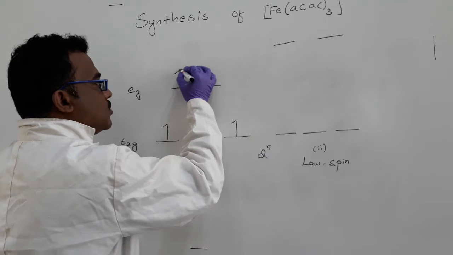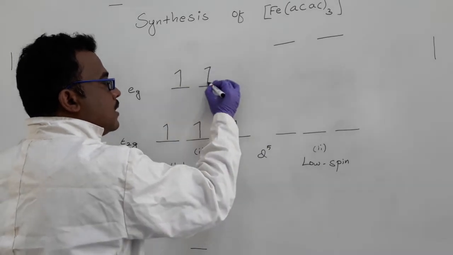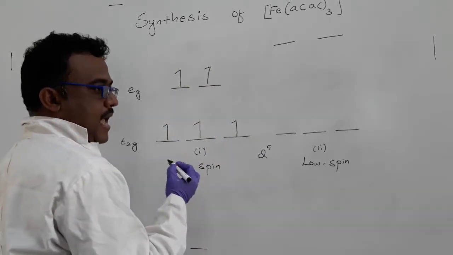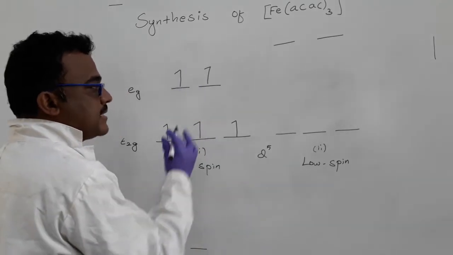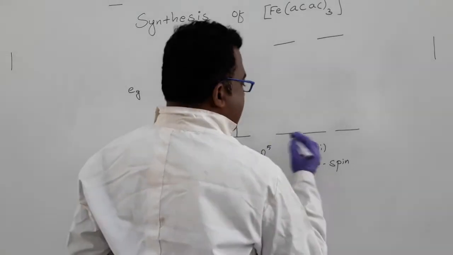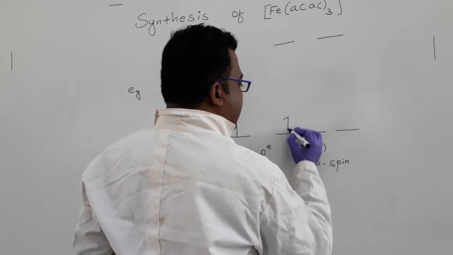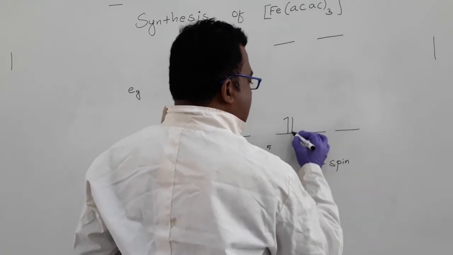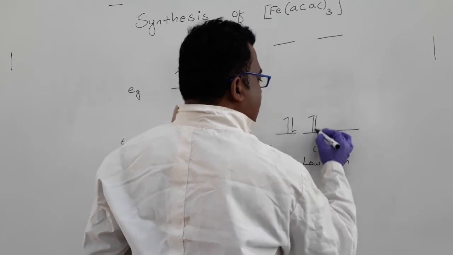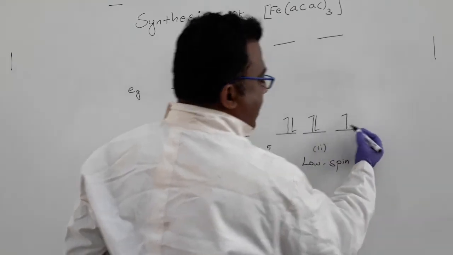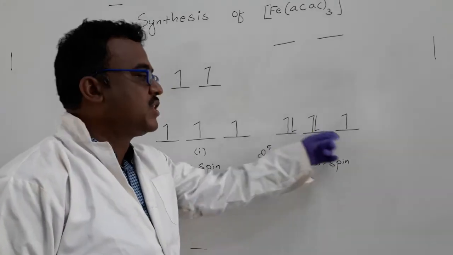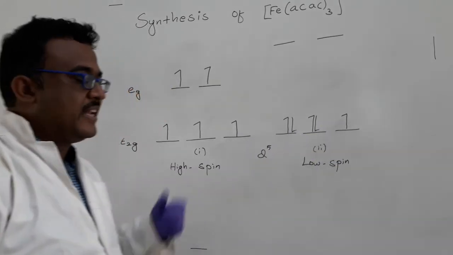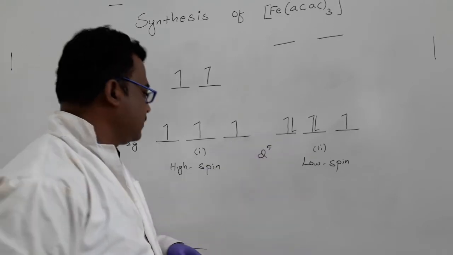If it acts as a weak field ligand to form a high spin complex, the system has 5 unpaired electrons. If it is a strong field ligand, the system has only 1 unpaired electron, which is present in the t2g orbitals.